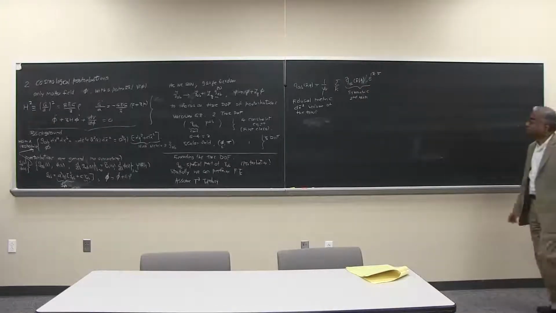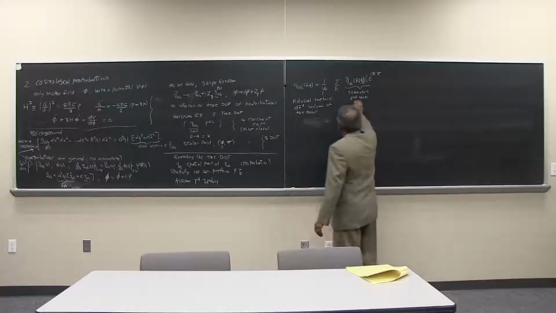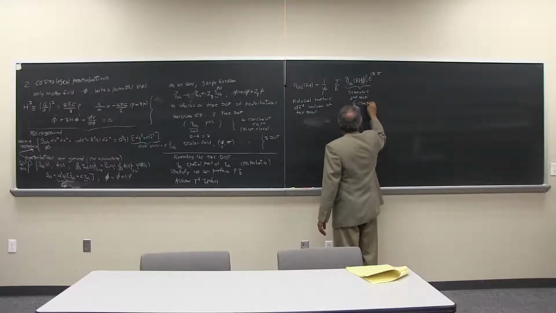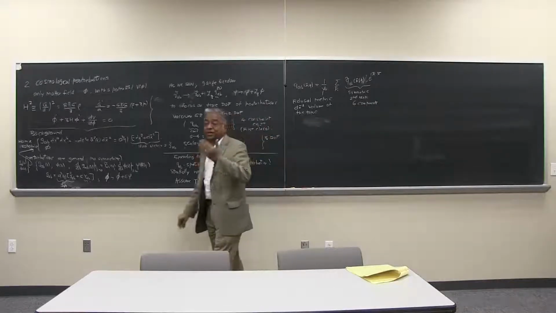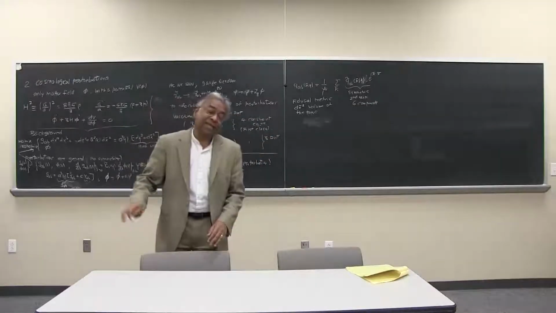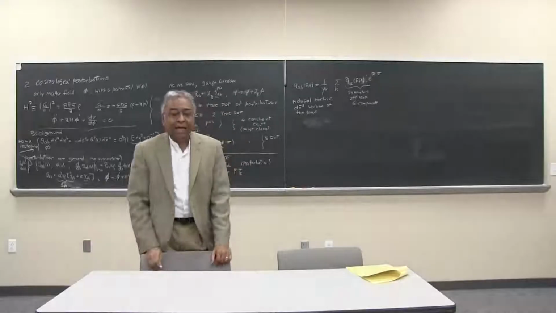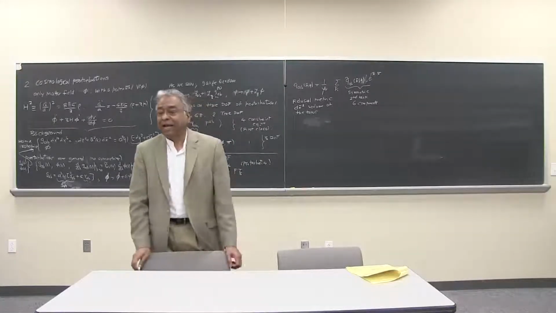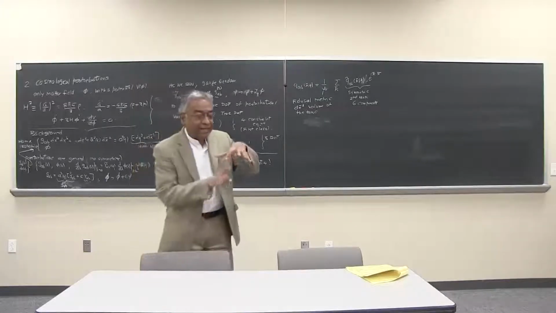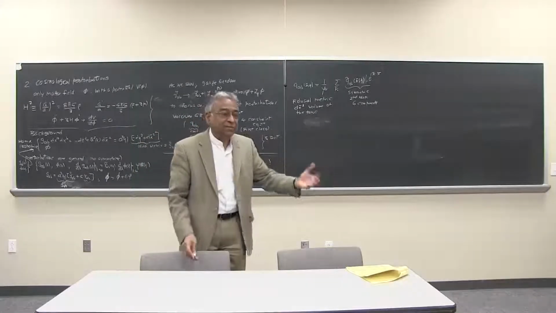Therefore, there are 6 components. And to talk about transverse traceless decomposition in physical space, that corresponds in Fourier space to decomposition in the radial and the angular directions, as we have seen many times.